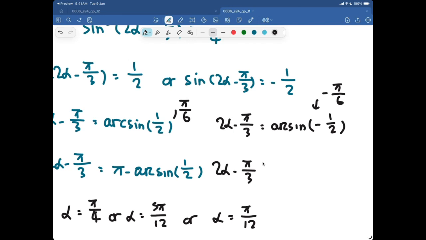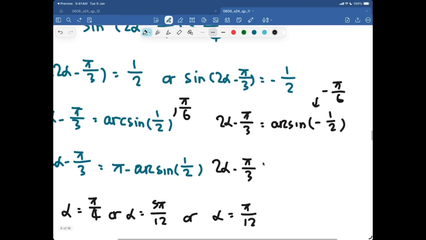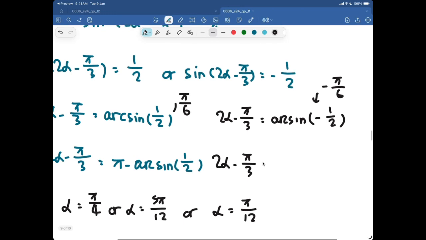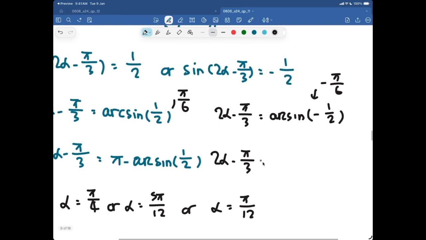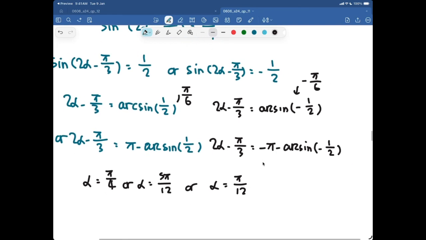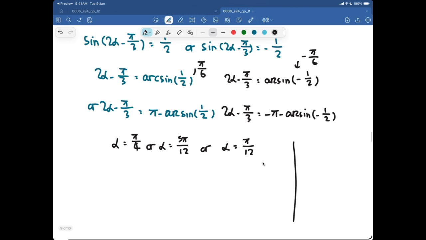You cannot do pi minus arcsine of negative 1 over 2, because that would get you a value that is larger than pi over 2. Instead, you could write negative pi minus arcsine of negative 1 over 2. So we're essentially going back in the negative direction. If you recall, it is something related to the unit circle.